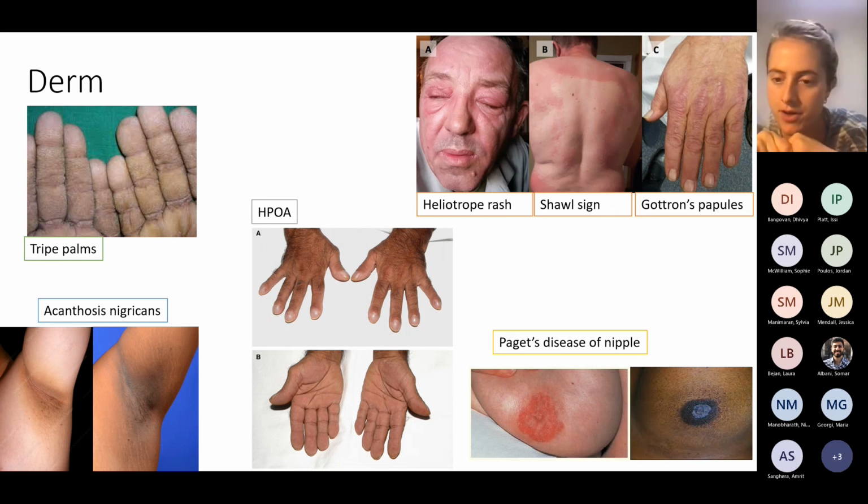Sorry, I guess the photos aren't that clear. It's eczema around the nipple, and it's a sign of cancerous tissue behind the nipple. You can get a lot of other rashes around the breast. It can be in the midline, can be under the creases, but if it's around the nipple, you really want to take that seriously.